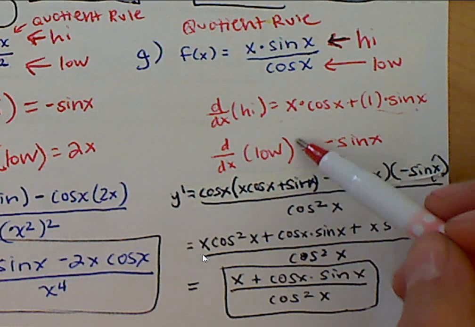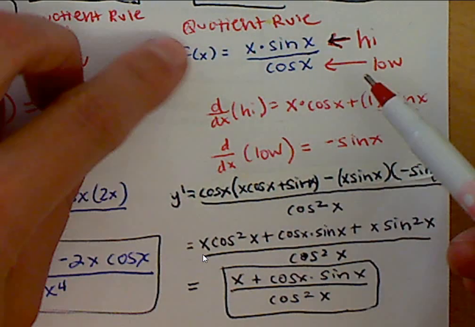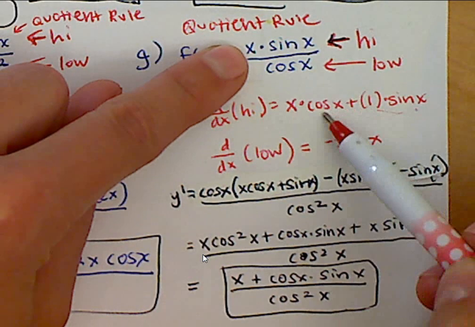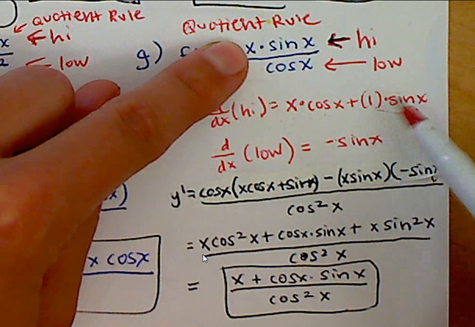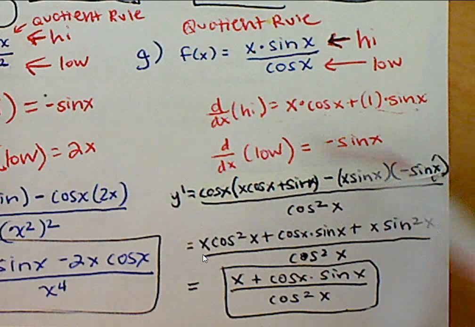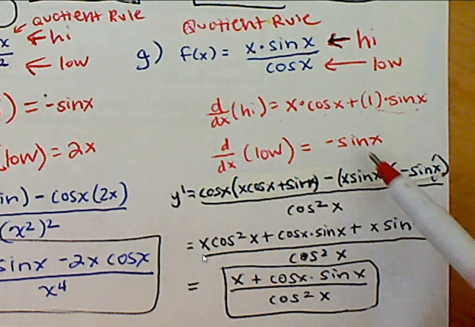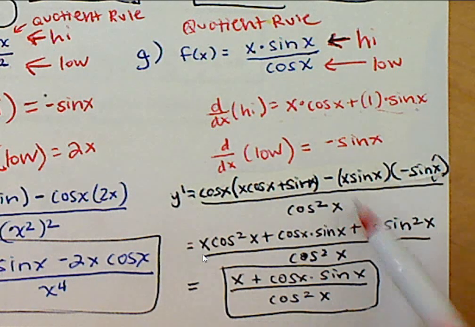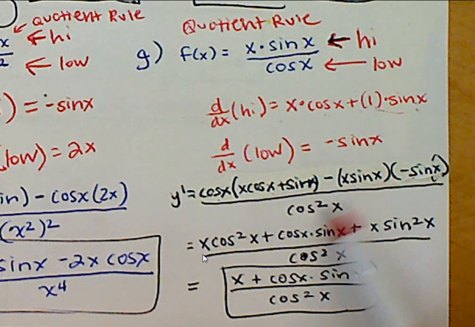So I did x times the derivative of sine plus the derivative of x times sine for that d high, and then d low is negative sine, and then I combined all these things together into my quotient rule. So low d high minus high d low over the square of what's below.